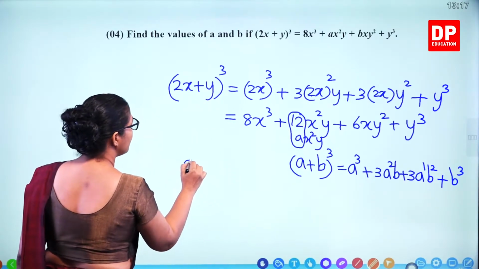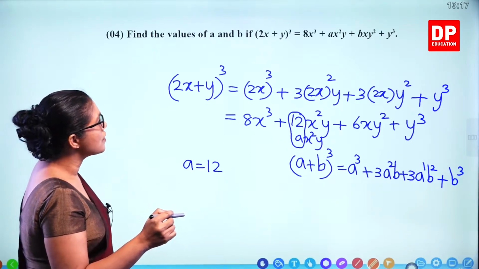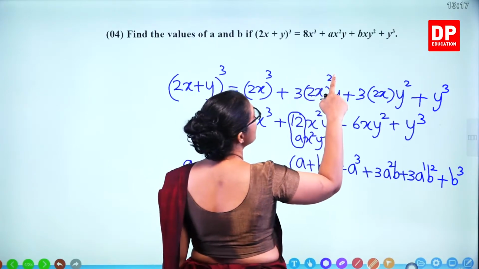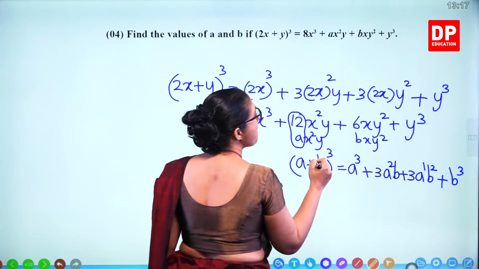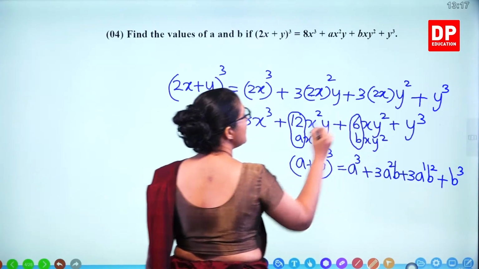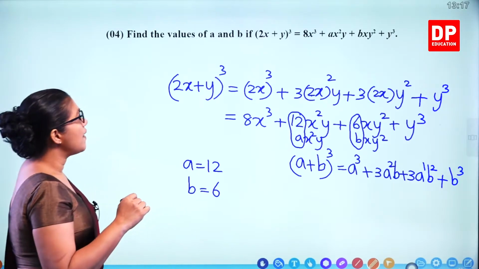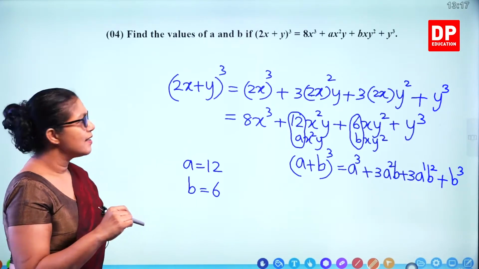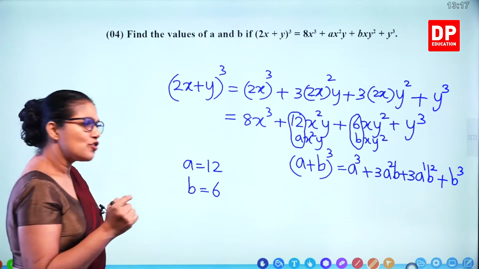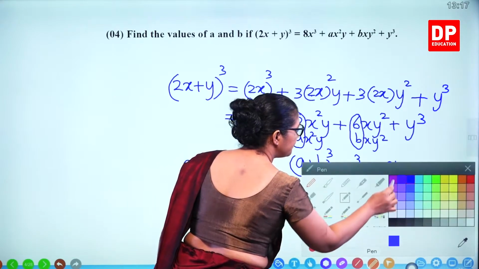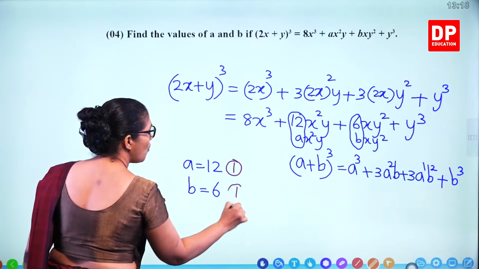A becomes 12. You just need to compare the coefficients. The next one is b x y squared. So that means b equals 6. So a is 12 and b equals 6. When you get power 3, that's the pattern you get. Just remember that. So 2 marks, 1 and 1.